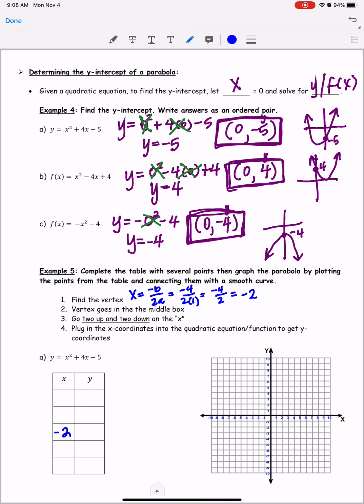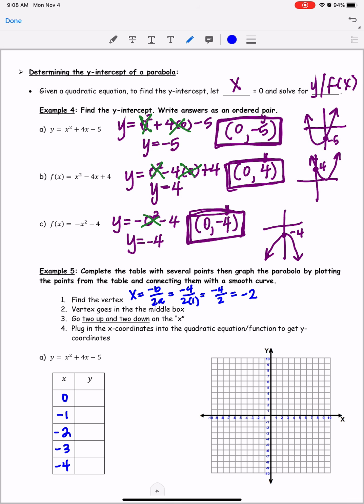So then step 3 says to go 2 up and 2 down on the x. What I mean by that is 2 up would be negative 1 and 0, and 2 down would be negative 3 and negative 4. Now it doesn't matter if you switch it. We could have gone negative 4, negative 3, negative 2, negative 1, 0. The order doesn't matter, but you just need to make sure you go 2 up and 2 down.